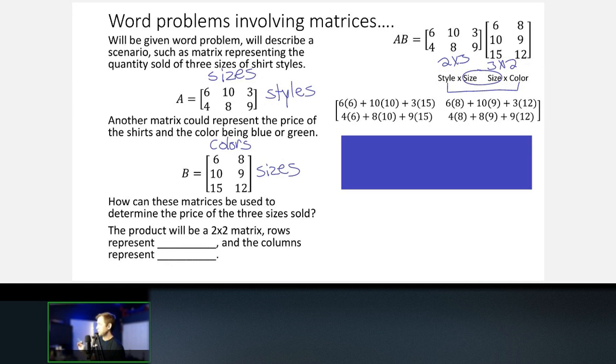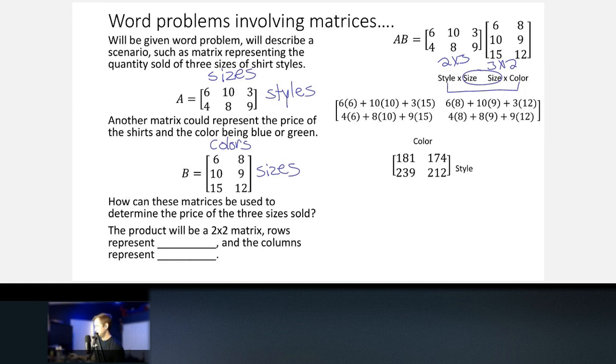So style by color. The rows are the style, and the columns are the color. So when you get your answer, you want to label that. Rows, that's the style. Columns, that's the color.